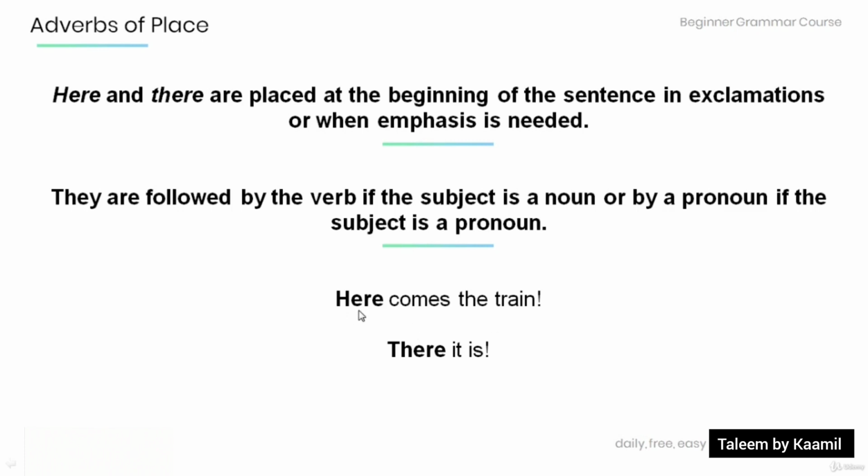The adverb of place here is used in the sentence to create emphasis. And note that it's followed by the verb and its subject is train, a noun. And in the sentence, there it is. Note that the adverb of place there is followed by a pronoun, which is also the subject of the sentence.